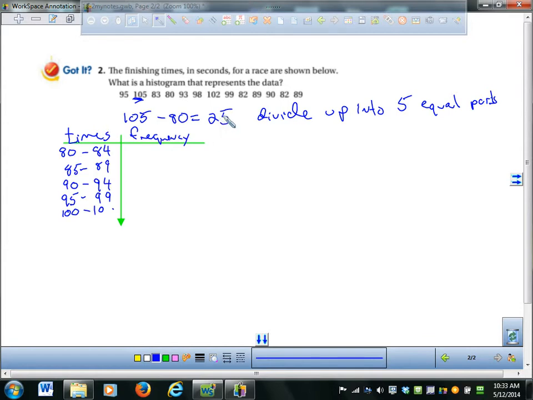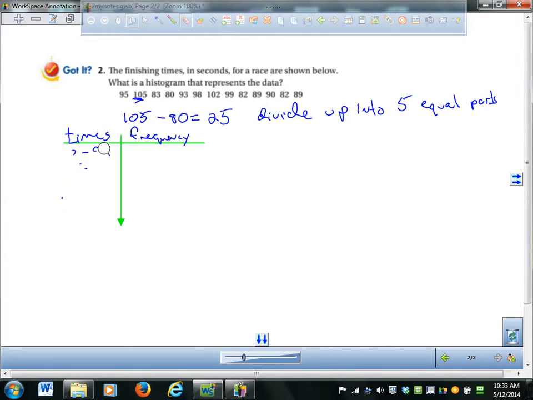Or I could go up to 30 and divide by 5, but you have to go up, because you want your intervals to be the same. So I kind of messed up, which is good. Okay? I got to cross out the whole thing. So I'm going to divide into 5 equal parts, and I'm going to have to go up to 30, I guess.